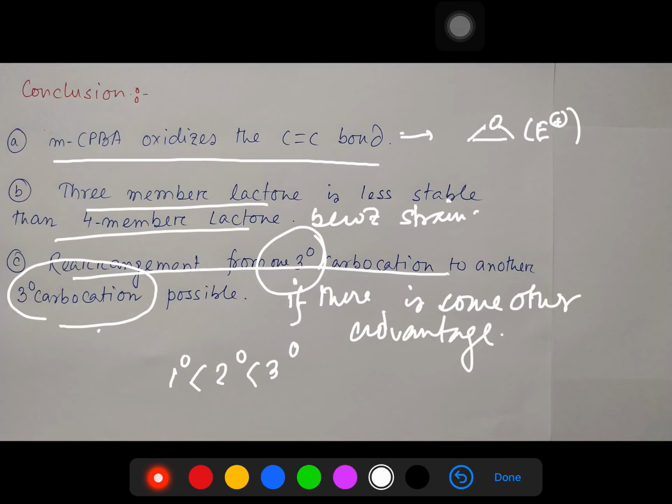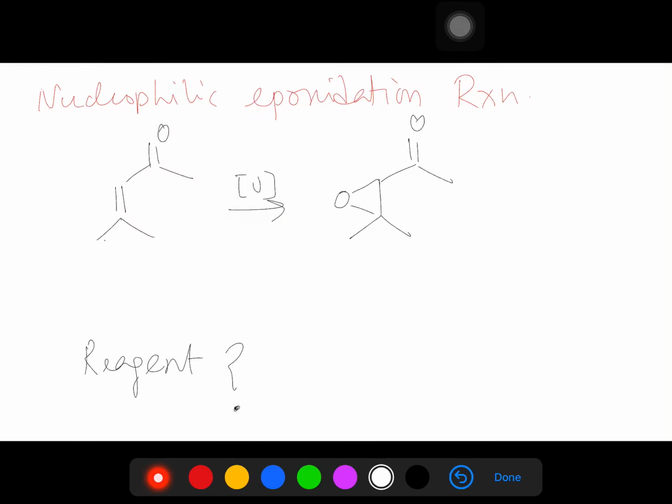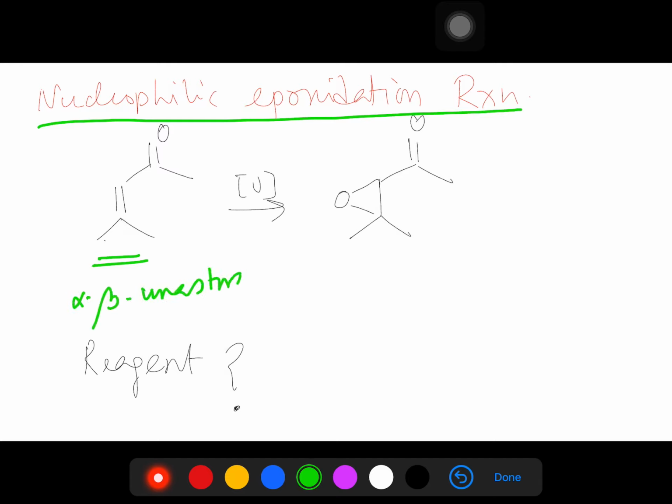Now let's learn very briefly about the nucleophilic epoxidation reaction. First of all, why is this needed? Because look at this compound. This is an alkene, actually an alpha-beta-unsaturated carbonyl.